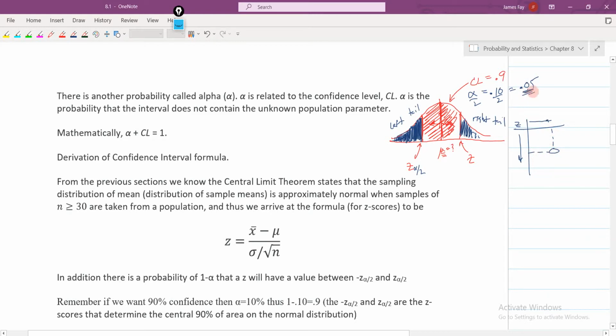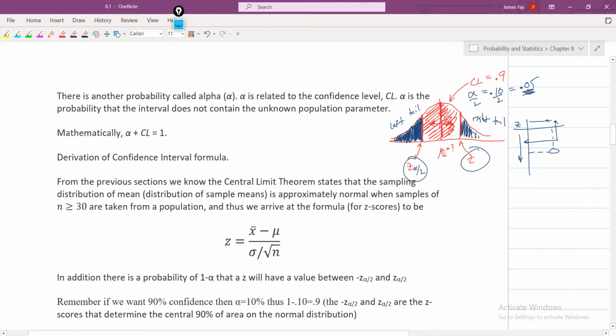Now we'll go through and try to find in the table where 0.05 is, and then work back out and say, what is the z-score that attaches to that 0.05? That will give me that z-score, and it will also give me that z-score, and that's going to help us determine what is this interval in which we're 90% confident that our mean is going to exist. That's kind of the nuts and bolts of what we're going to do here.